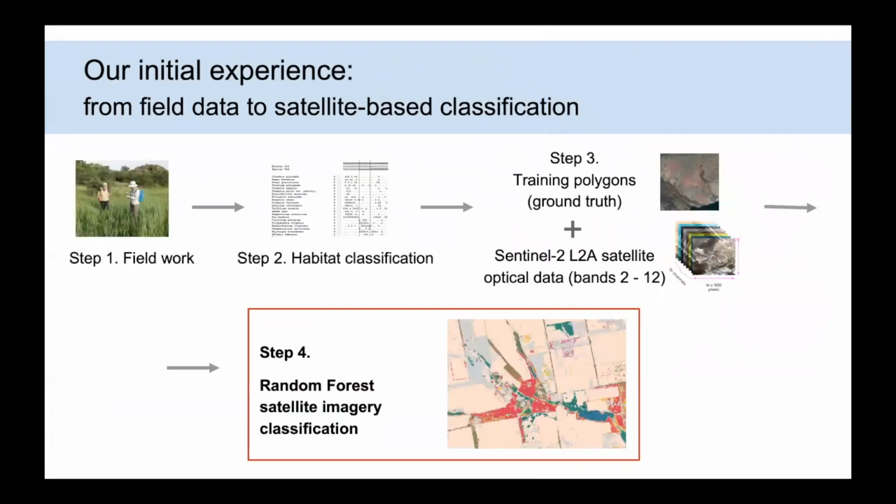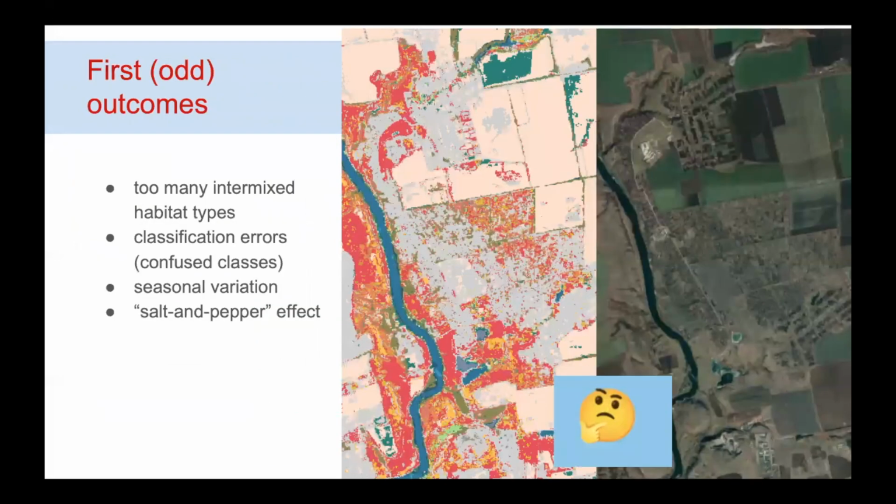So we went to the next step, which is random forest classification to obtain pixel-based classified images with 10 meters resolution. But we should admit that our first results did not perfectly satisfy us.